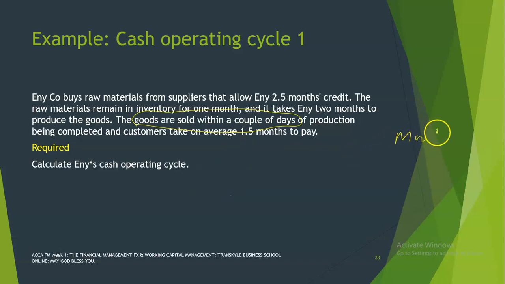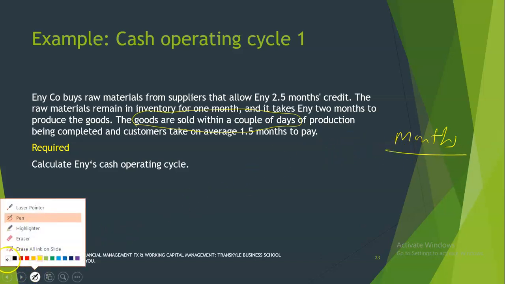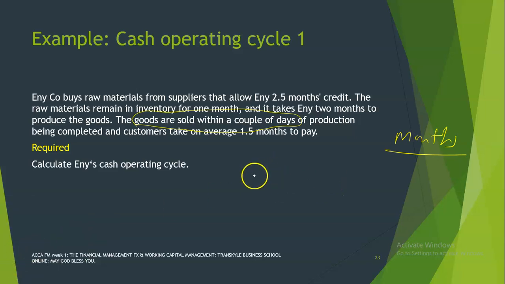All right, so we put our months. Average time raw materials are in inventory: we are told that the raw materials are in inventory for 1 month, so that's 1.0 months.